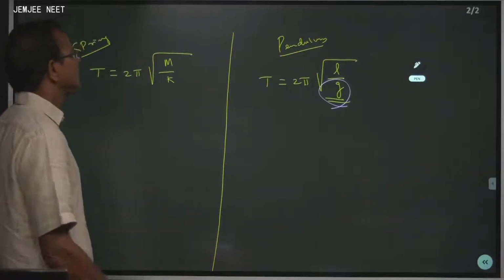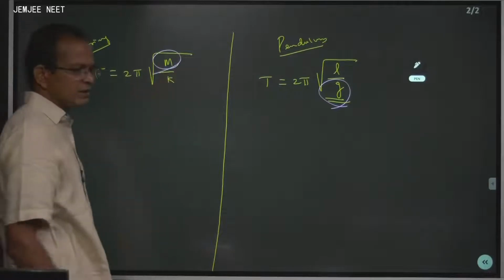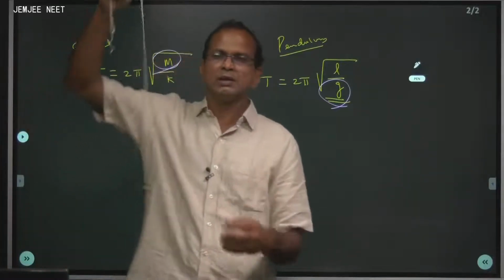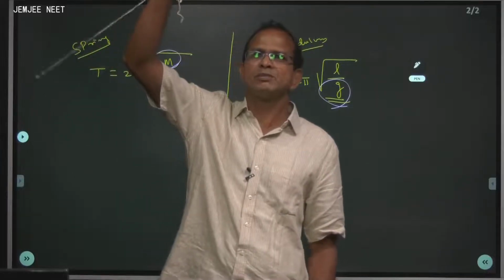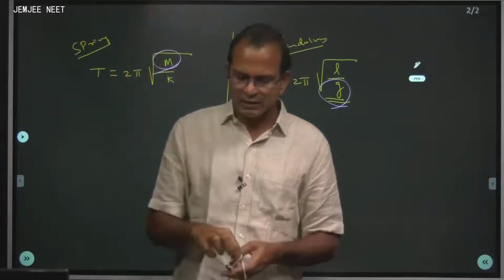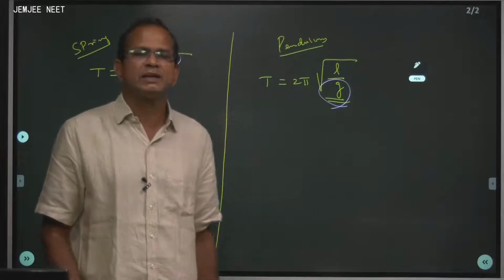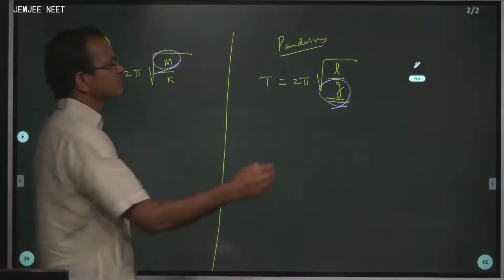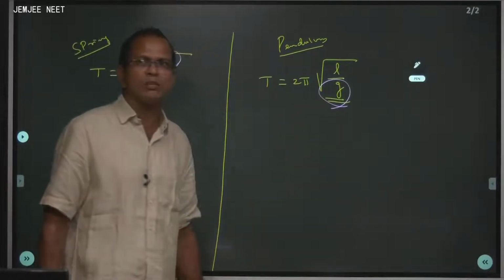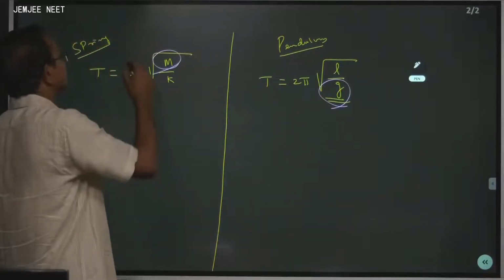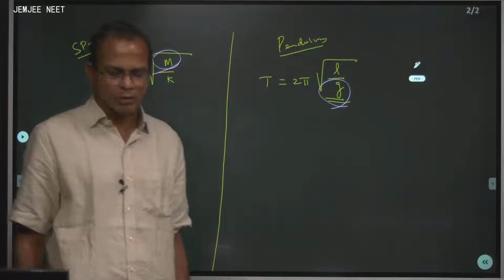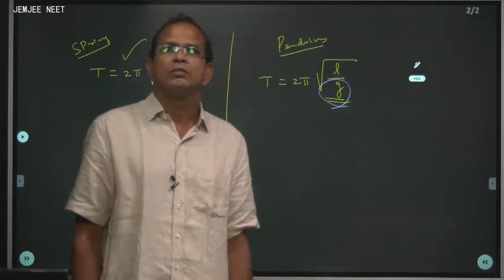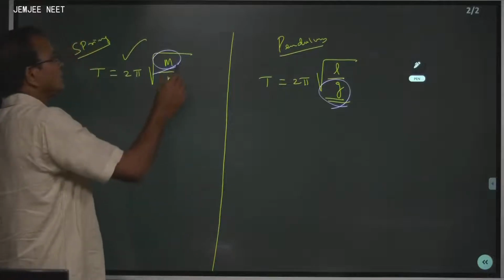On the other hand, suppose you are using a bigger mass in simple pendulum. Now I am using a very tiny steel ball here in the simple pendulum. Suppose I am using bigger mass, bigger than this. Again, my time period is same in the case of simple pendulum, because simple pendulum does not depend on mass of the pendulum. But in the case of spring, it does depend on, acceleration due to gravity?